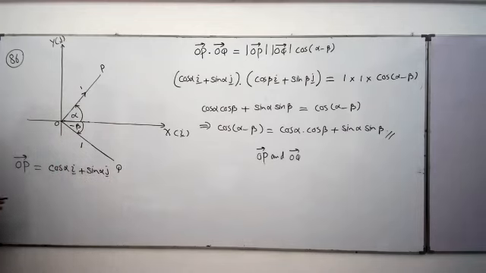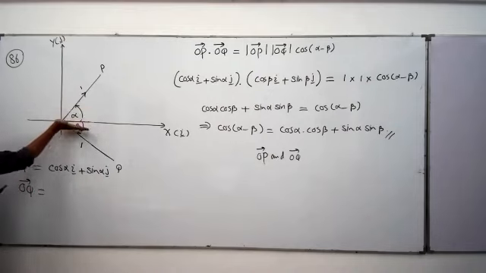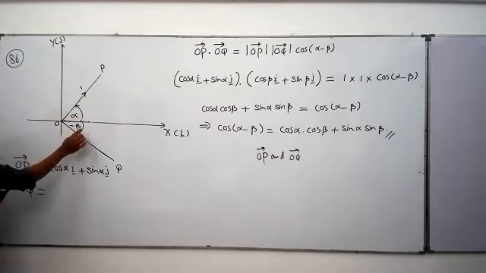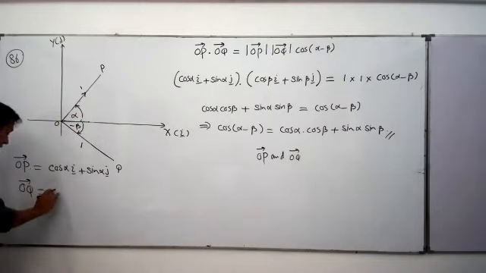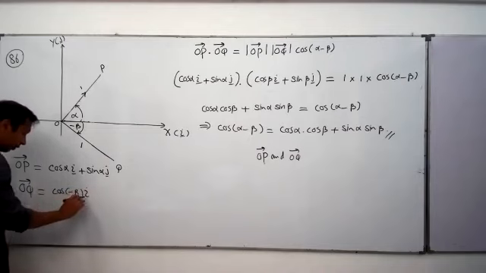Can someone tell me what is the OQ vector? i towards the angle, we said cos, no, but the angle is minus beta. So i cos minus beta. Here we have plus.